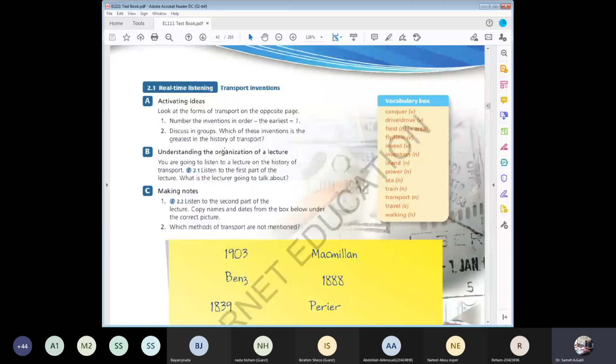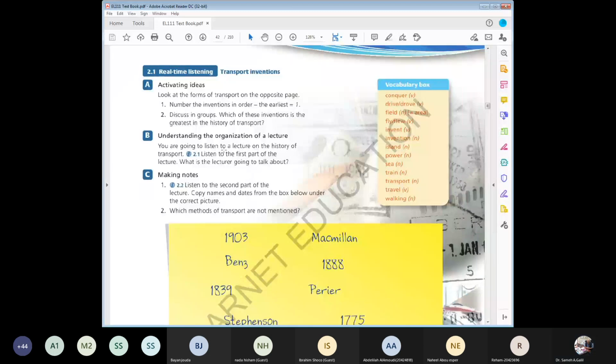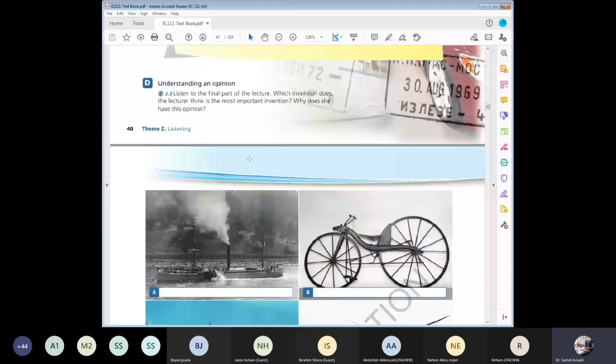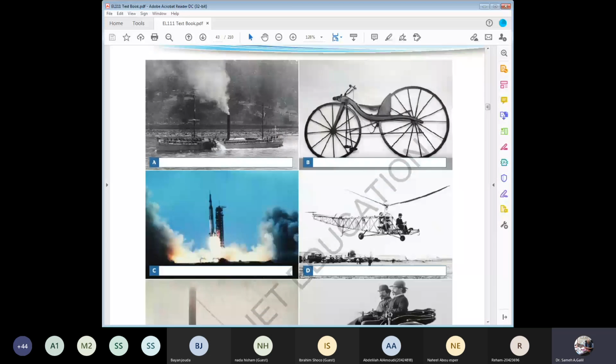So look at the forms of transport on the opposite page, which we did. Number the inventions in order. Start with the earliest and end with the latest. Okay, so let's agree on that. Are these inventions or discoveries? I'm asking you. Inventions.